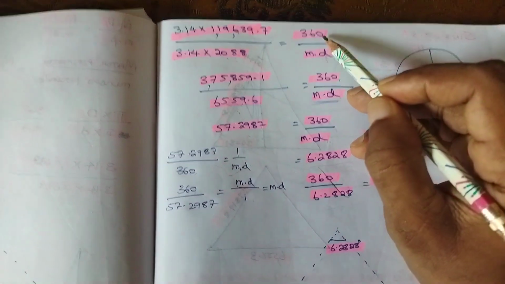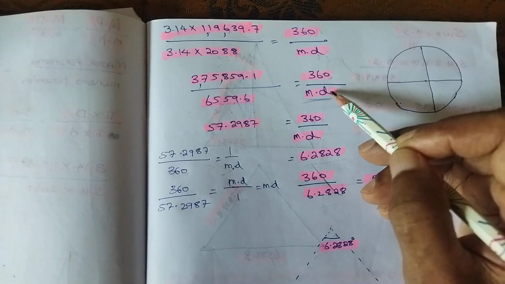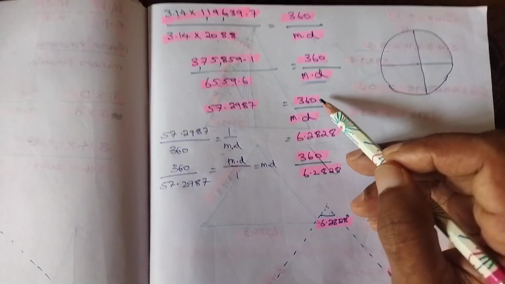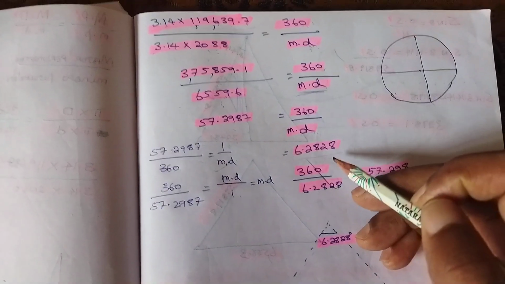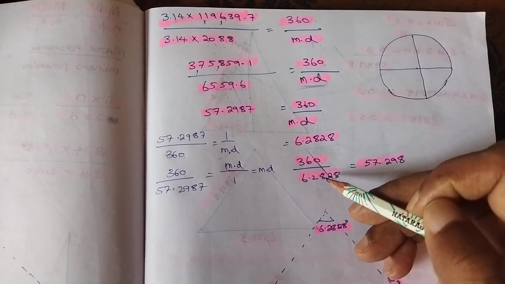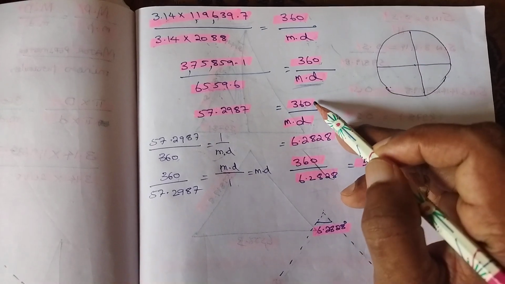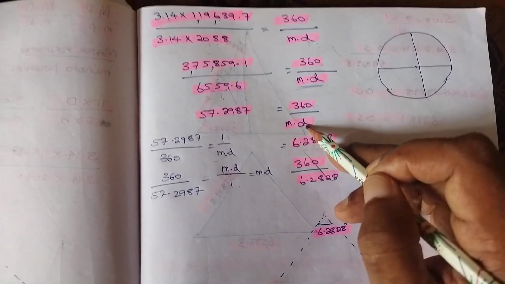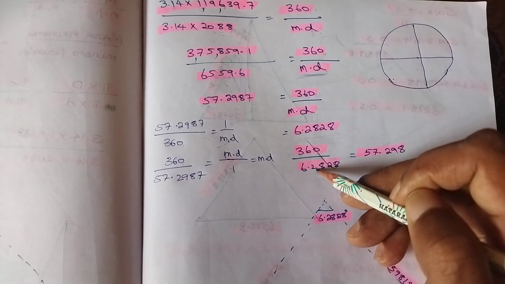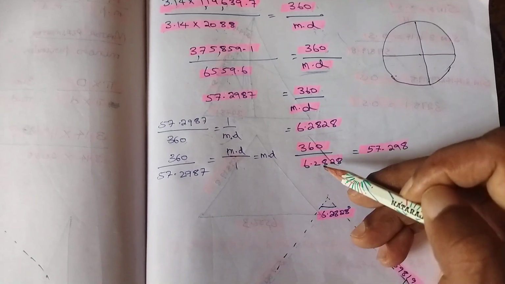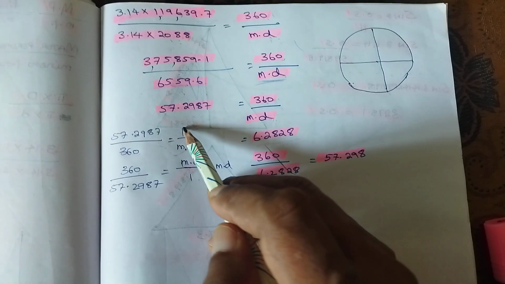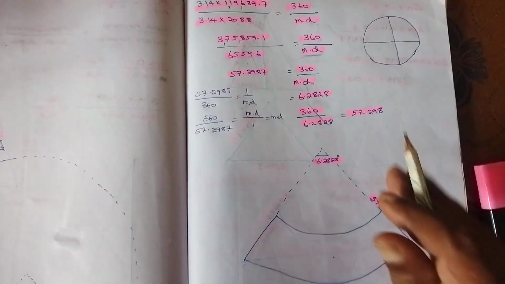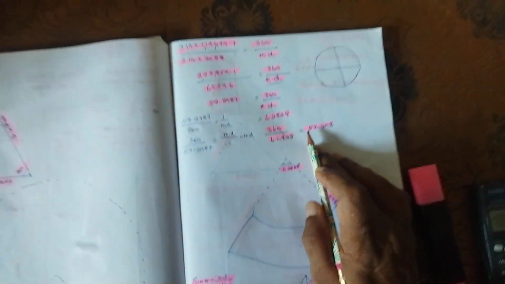Same way, 360 divided by MD, its constant also. 360 is major degree and this is minor degree. Minor degree is 6.2828. This 360 divided by 6.2828 is also the same, 57.2987. Okay, we shall just forget all of that and come to today's episode.